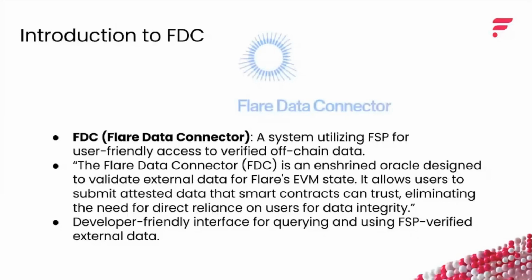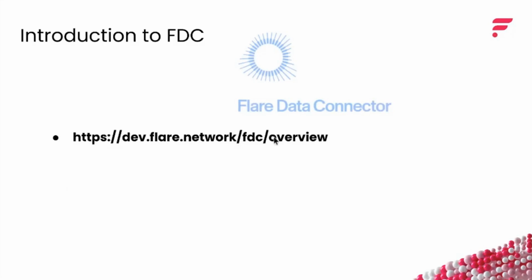It allows you to submit attested data that smart contracts can trust, eliminating the need for direct reliance on users for data integrity. Okay. And now we're going to go through this example here on FDC.